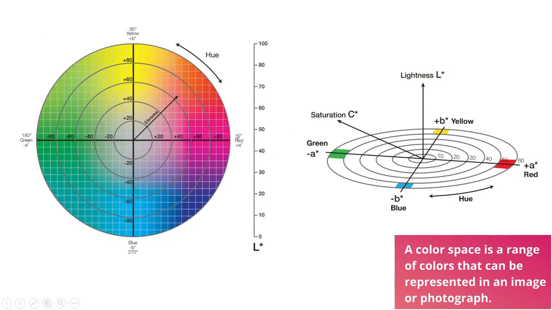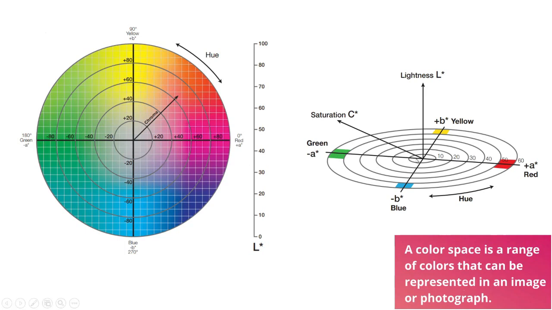If you are going anti-clockwise, at 90 degrees you will find yellow. Like that, all colors will be covered in this circle. Okay, this is the chroma, in the sense, saturation, yes exactly, saturation and intensity will give you whether it is darker or lighter.